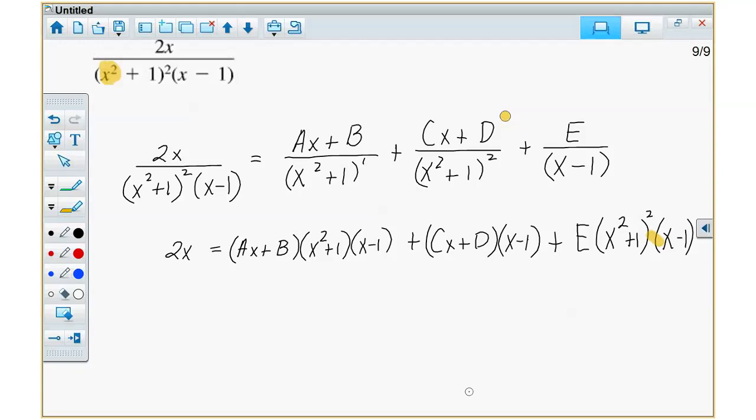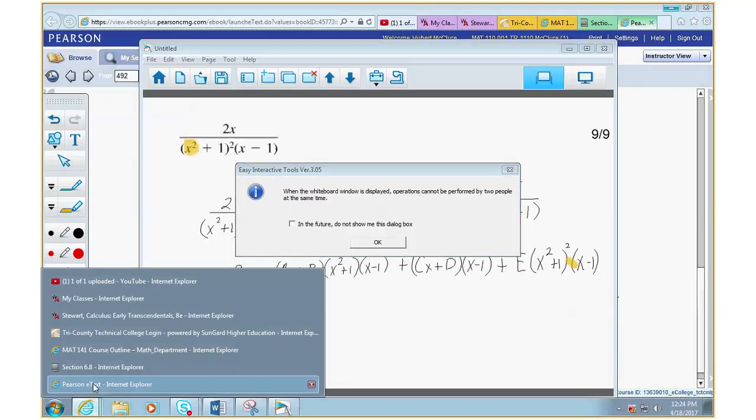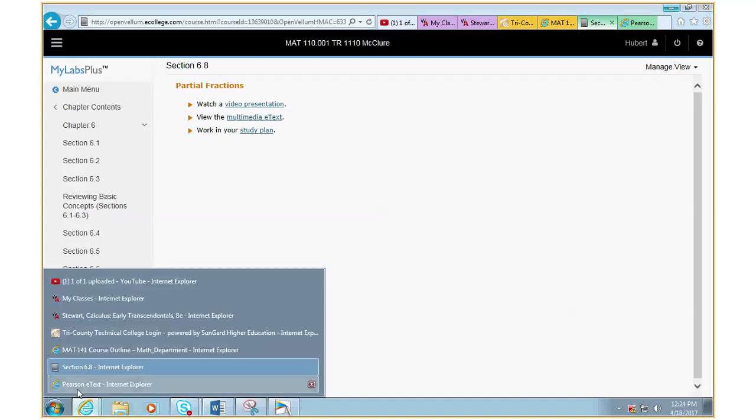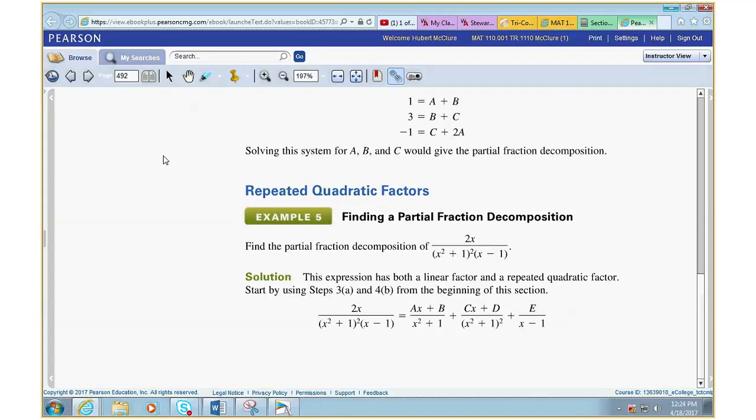They didn't expand it first? No, they did a substitution somehow. It ended up to be 4E. Well, x minus 1 is the same in all. I don't see how they could have done it without. Where's the next page?